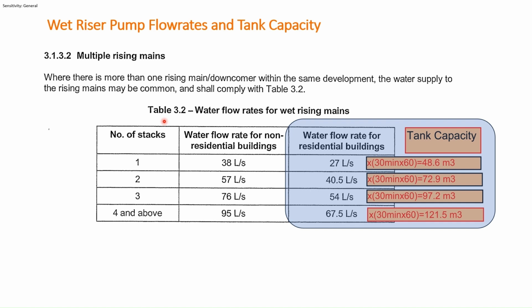Based on Table 3.2, we have different flow requirements for different numbers of stacks. For example, if there is only one stack, the water riser system for a non-residential building must have a minimum flow rate of 30 liters per second, or for a residential building a minimum of 27 liters per second.